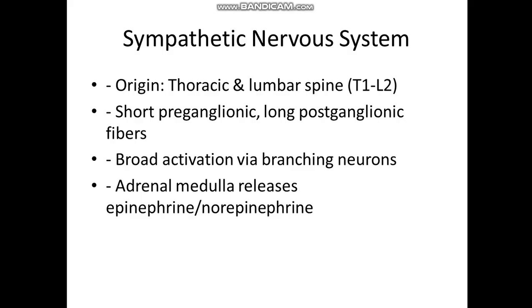It has broad activation via branching neurons. What does it mean? There will be one neuron originating from T1 to T2, but there will be extensive branching of the neurons after that one preganglionic neuron. So one preganglionic neuron innervates multiple postganglionic neurons.